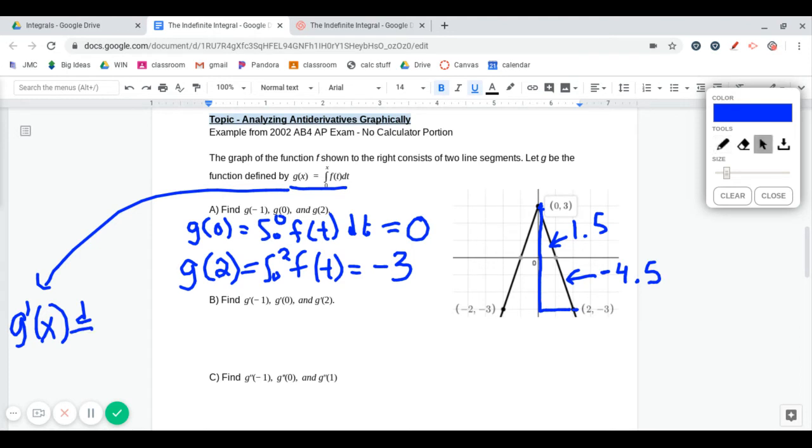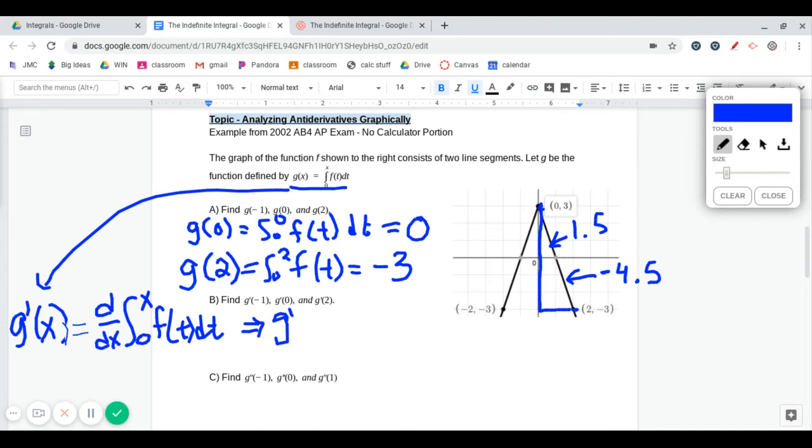Let me actually write an equal sign so that it makes some sense. g prime of x equals the derivative with respect to x of the integral from 0 to x of f of t dt. This looks a lot like the fundamental theorem of calculus, because it is.